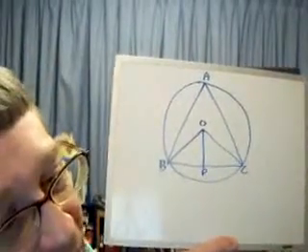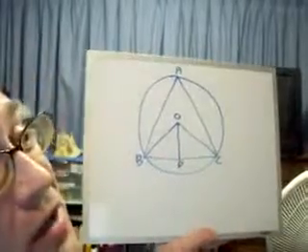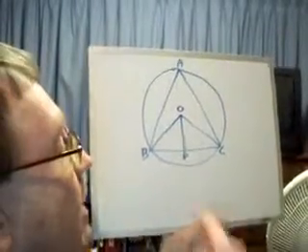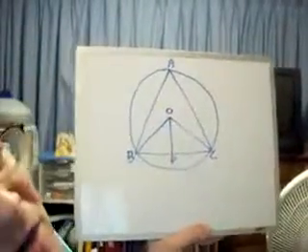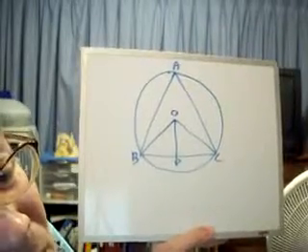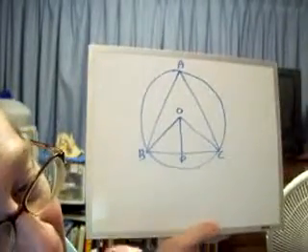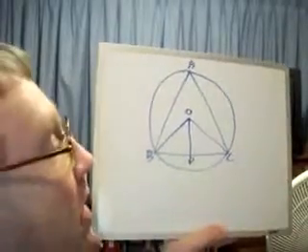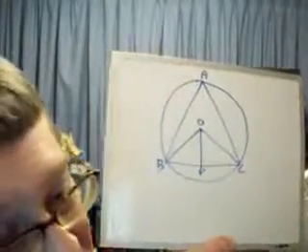Okay, now what happens if you add BOP and COP together? You get 60 degrees. And now we're going to say that angle BOC is 60 degrees. Okay, so if you add angle BOP and COP together, you're going to get BOC. Just that simple. Okay.